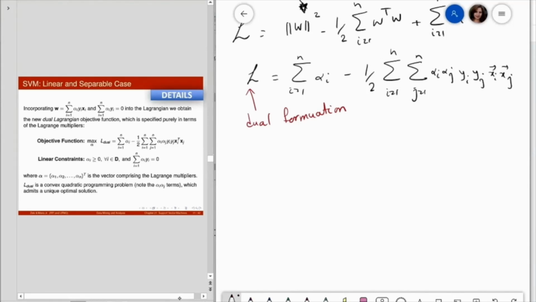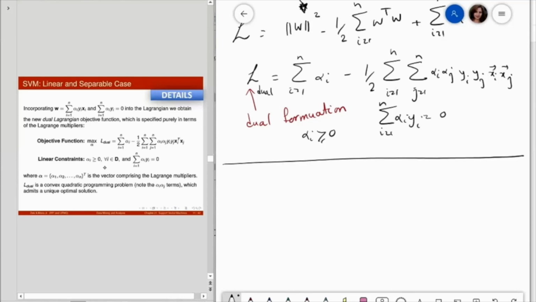For example, the sum of alpha i y_i should be equal to 0, like what we had above. And by the way, the Lagrangian multipliers are always larger than or equal to 0. So we can solve this formulation and easily get the value for all of the alpha i's.